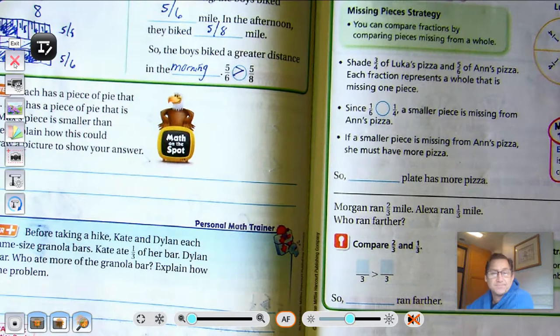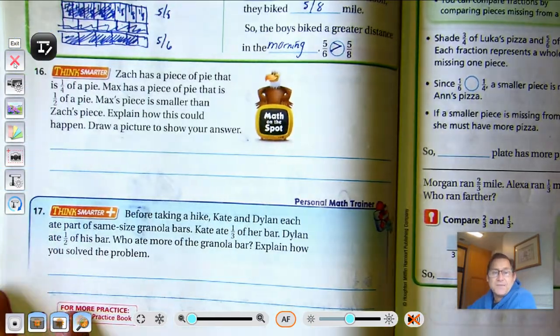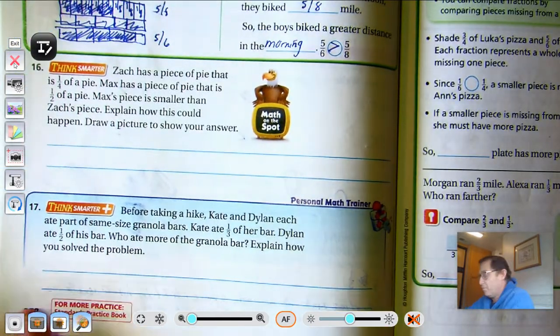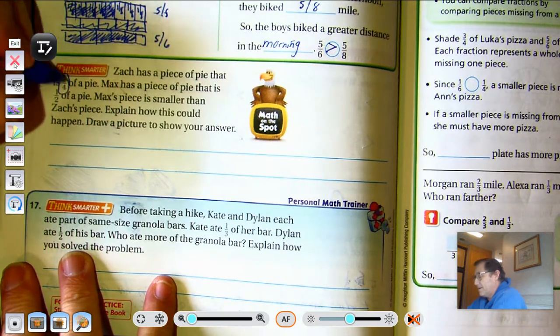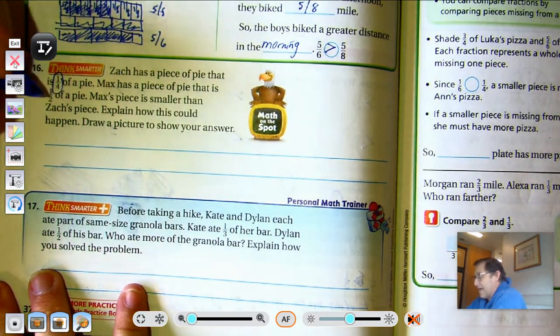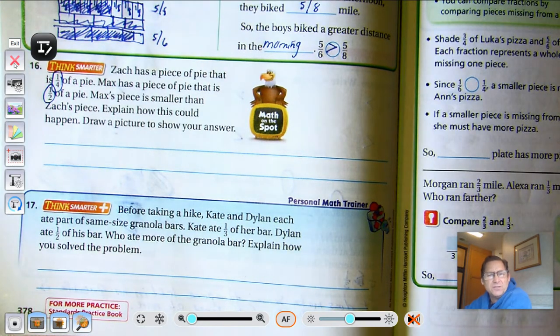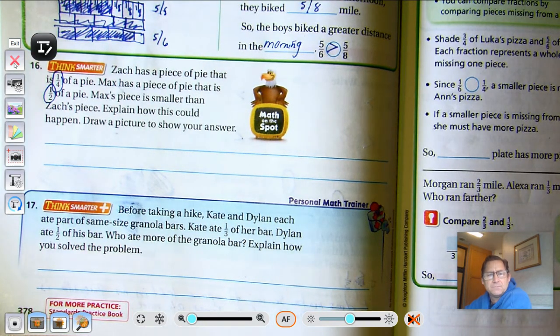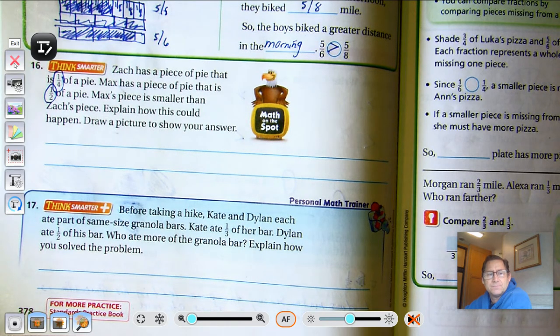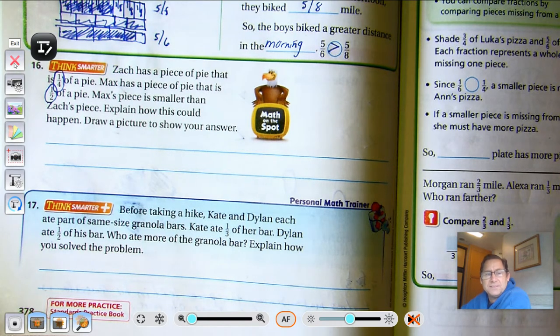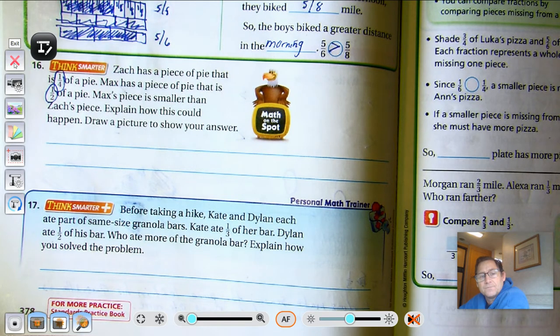All right, 16. Zach has a piece of pie that is 1/4 of a pie. Max has a piece of pie that is half of a pie. Max's piece is smaller than Zach's piece. Explain how this could happen. Well, the only way that can happen is if the pies were not the same size. Because 1/2 is bigger than 1/4.